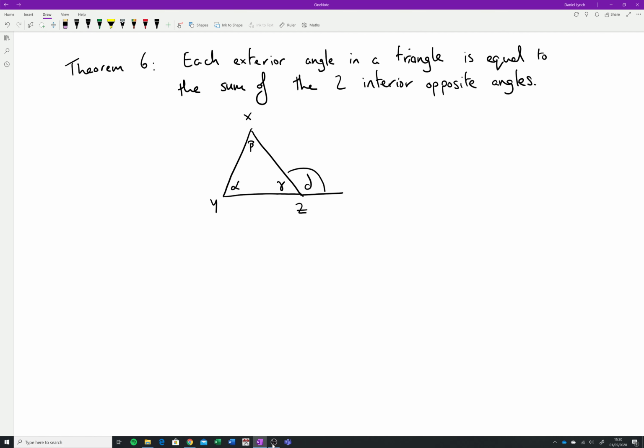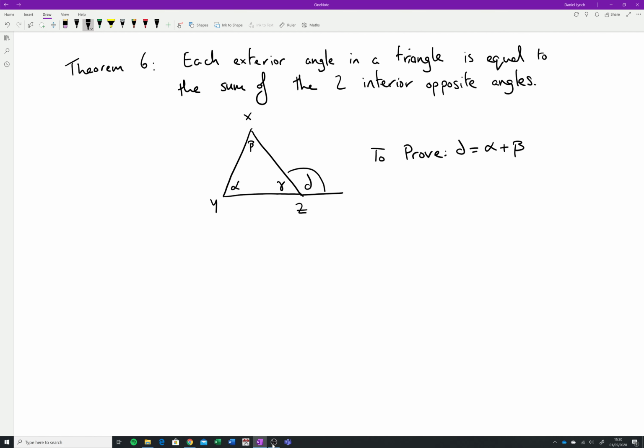To prove is that delta is actually equal to alpha plus beta, those two things added up together. Okay, that's our to prove.